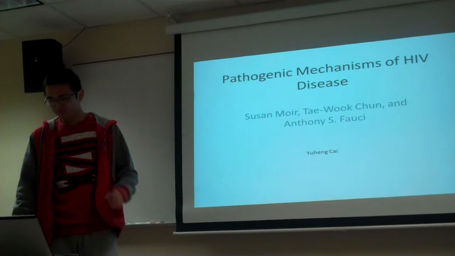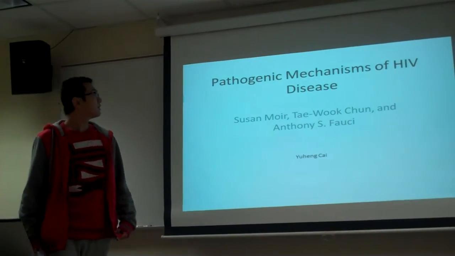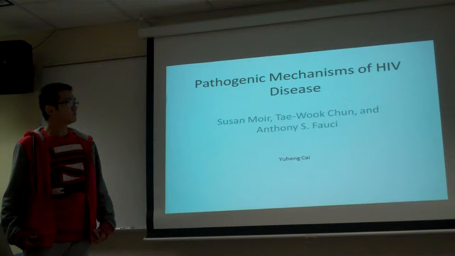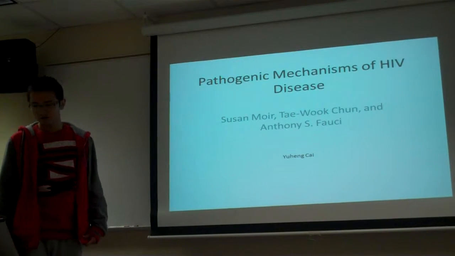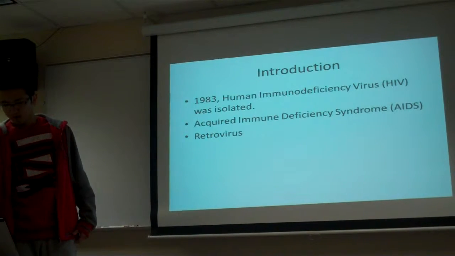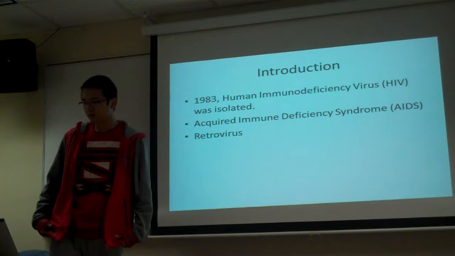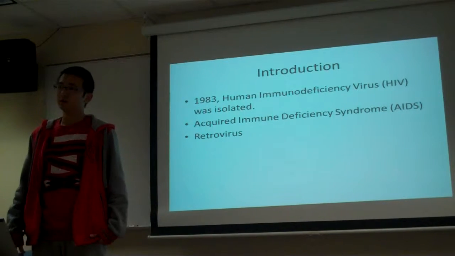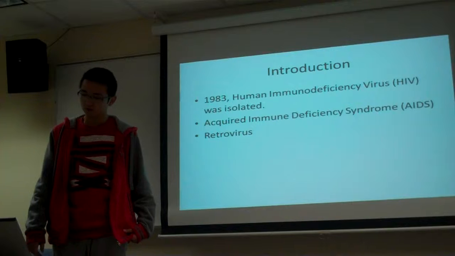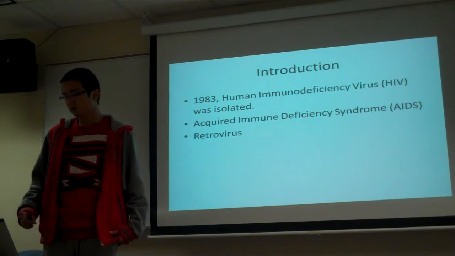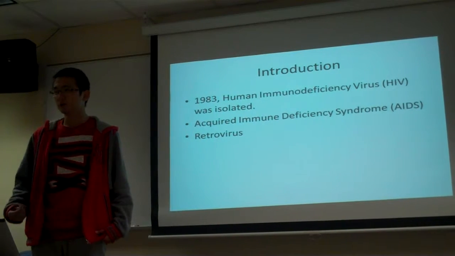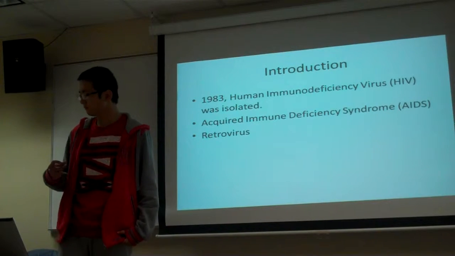Okay, so my topic is pathogenic mechanisms of HIV disease. These are the authors. Here's the introduction. HIV was found in 1983. It was isolated from a lymph node.